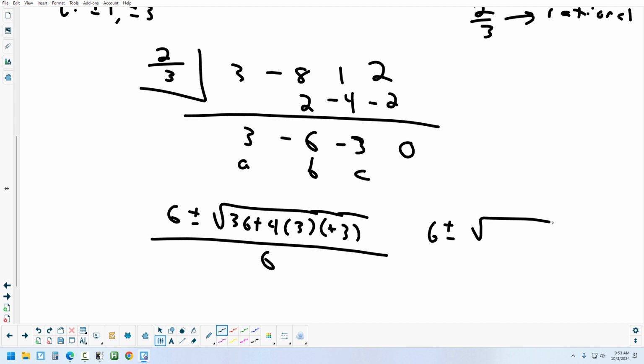Let's see, 4 times 3 is 12. 12 times 3 is 36. 36 and 36 is 72. I could reduce that answer, but I'm not going to. Okay, those are my other two roots, and those are irrational. So that's how you get the other two roots, quadratic formula. Okay, and that's 3, 4.